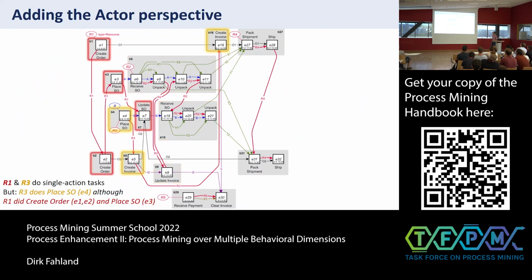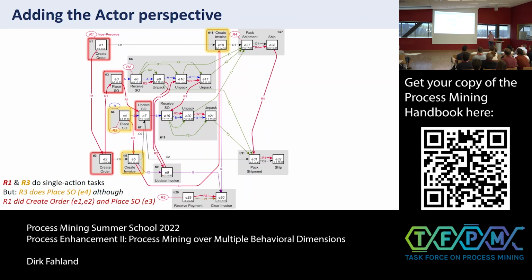Other things we see. R1 and R3 do single action tasks, right? But something is off. R1 creates both orders, then places the supplier order, but R3 places the supplier order for B, and then creates the invoice.